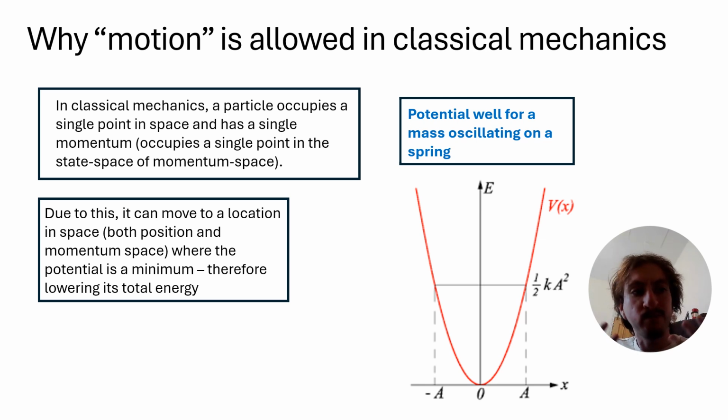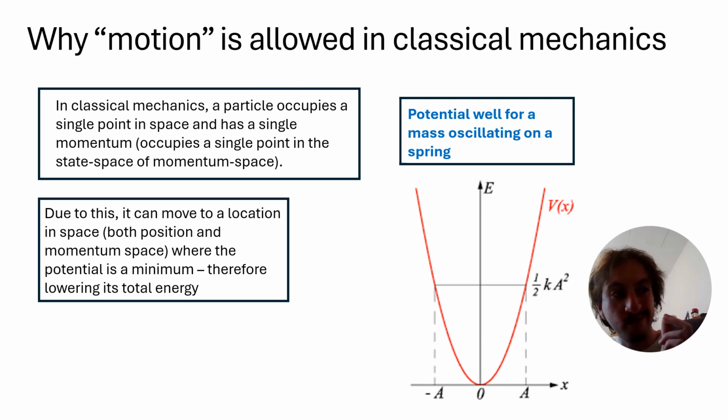So because particles in classical mechanics have well-determined position and momentum, they can naturally find this minimum of the potential, and do what they can to essentially move there, although they might oscillate about this point. And this leads to a very clear notion of both trajectory and how trajectory is related to forces or associated potential energy of those forces.